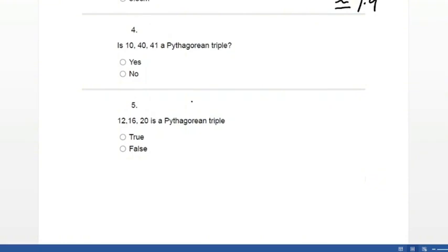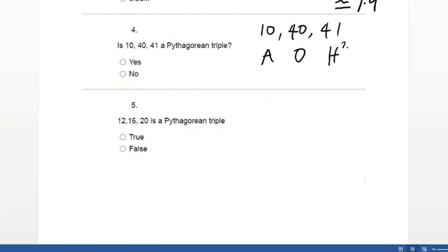So this is under Pythagorean triple. Is 10, 40, 41 a Pythagorean triple? Don't forget, a Pythagorean triple is a set of 3 numbers that satisfy the condition of Pythagoras theorem. Since we have 10, 40, 41, this will serve as the hypotenuse. This could be the opposite, and this could be the adjacent.